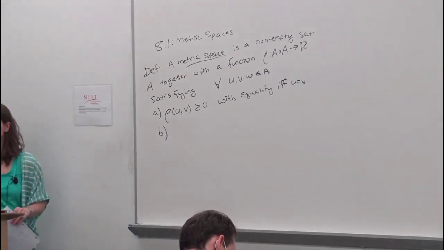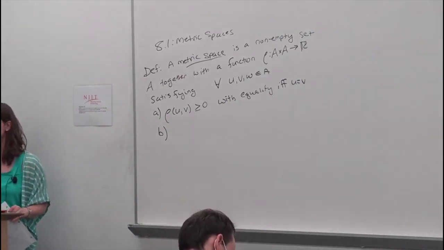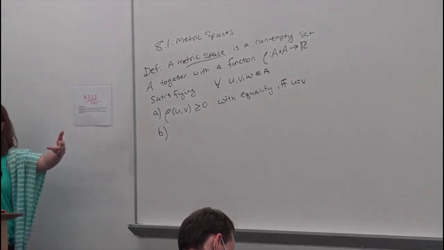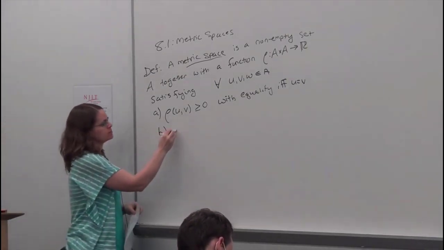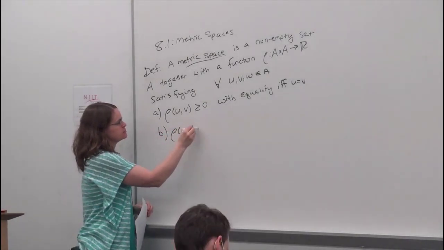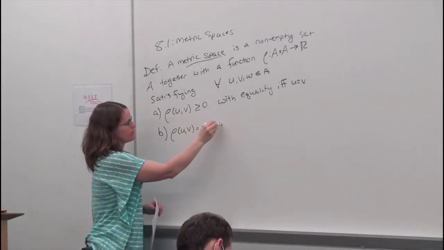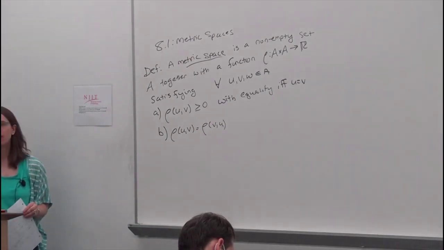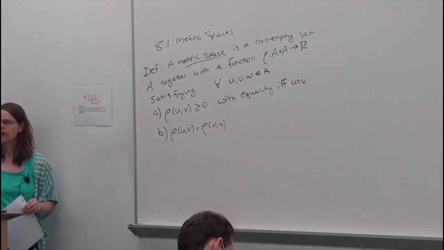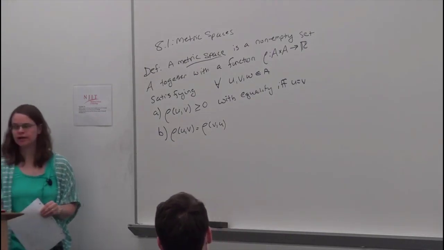Another fairly reasonable requirement is a symmetry condition, that the distance between u and v is the same as the distance between v and u. And then finally, we want some kind of triangle inequality.